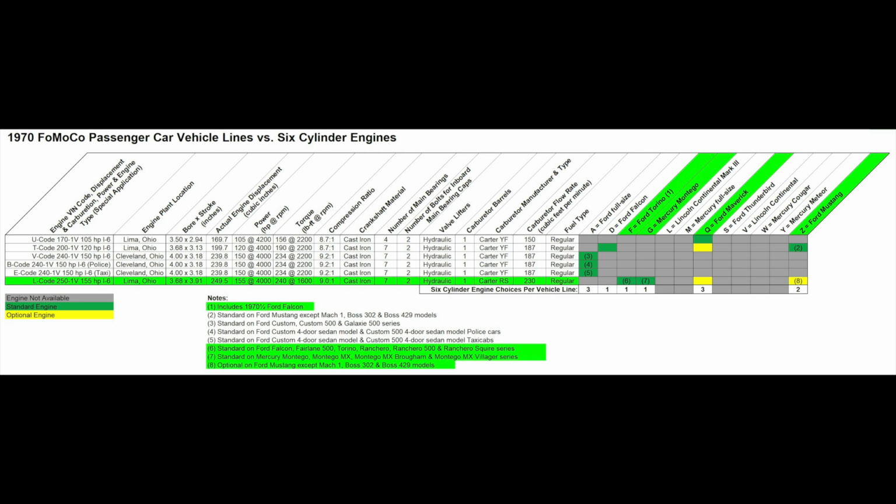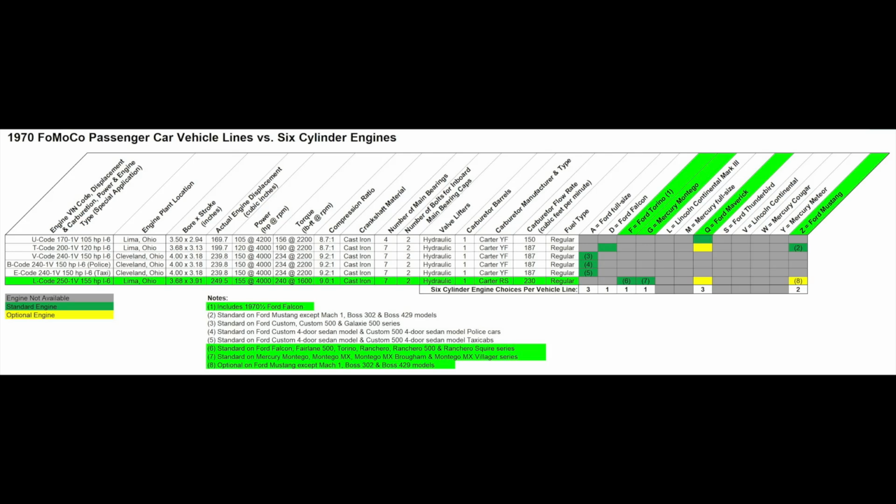The actual engine displacement calculates to 249.5 cubic inches, or 4.09 liters, and it developed 155 horsepower at 4,000 RPM and 240 pound-feet of torque at 1,600 RPM with a 9.0 to 1 compression ratio.